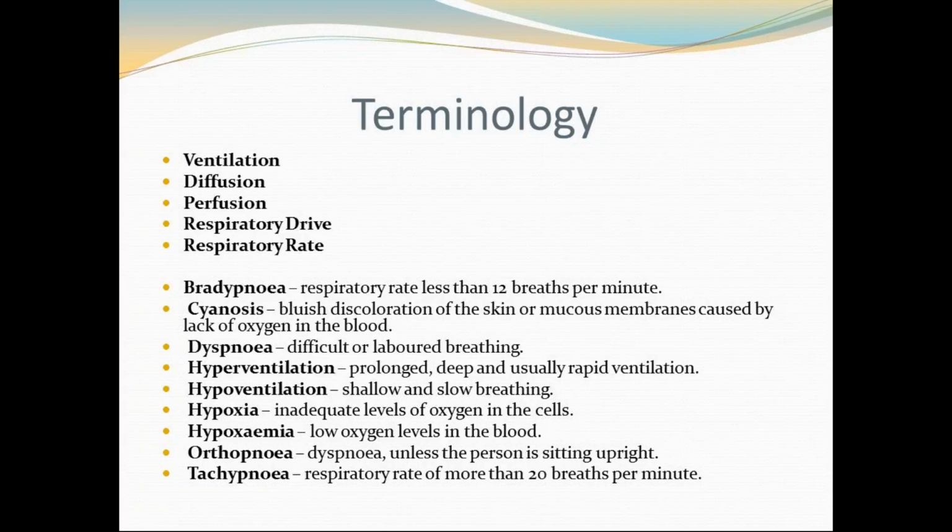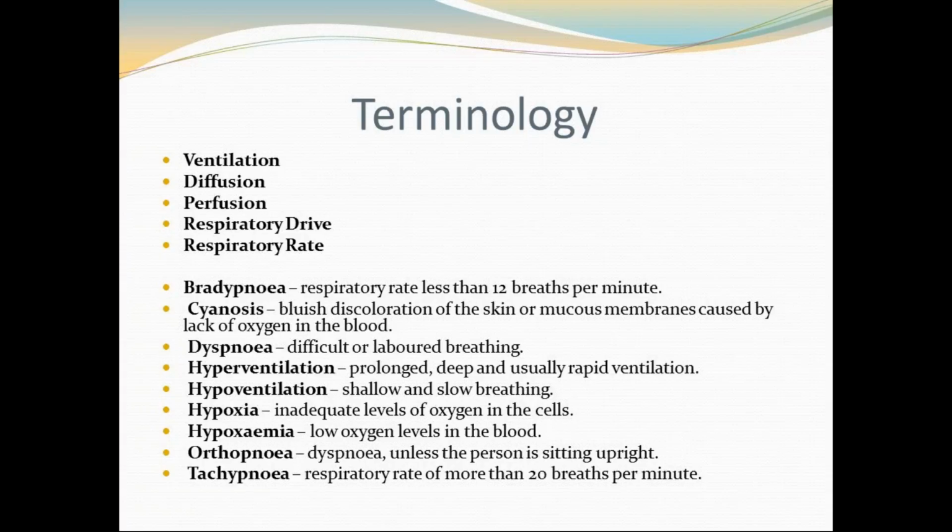A few others, bradypnea, cyanosis you might have heard talked about. We'll have a look a little bit more in detail on that as we go along. Dyspnea you would likely have heard, difficulty or laboured breathing, hyperventilating and hypoventilating, the opposite ends.